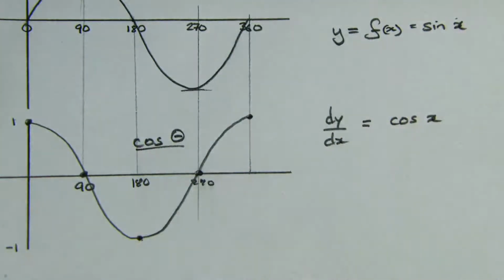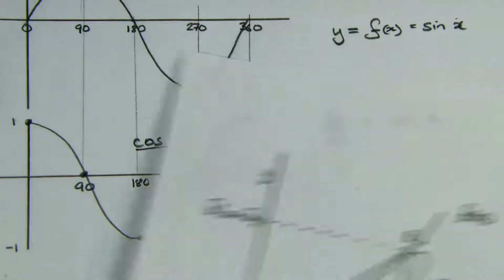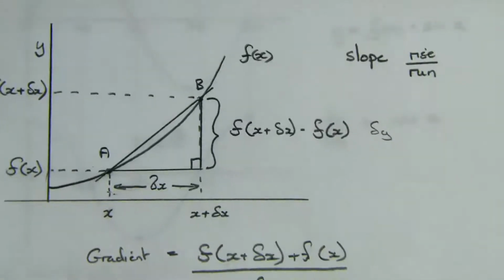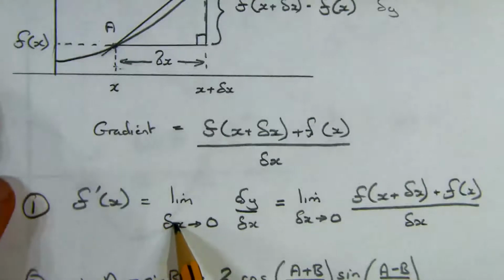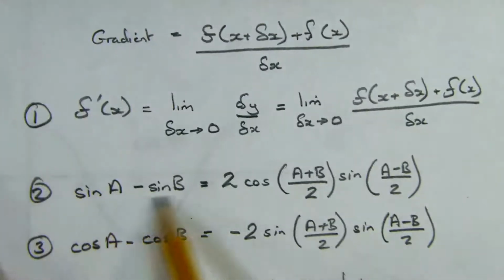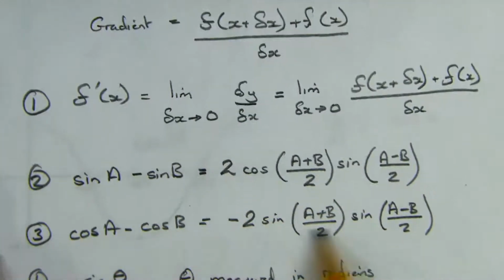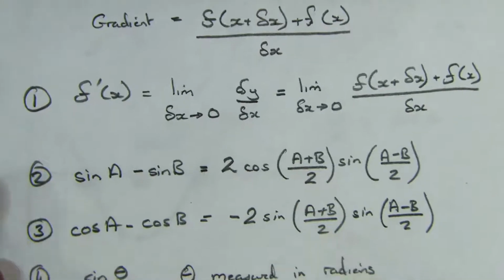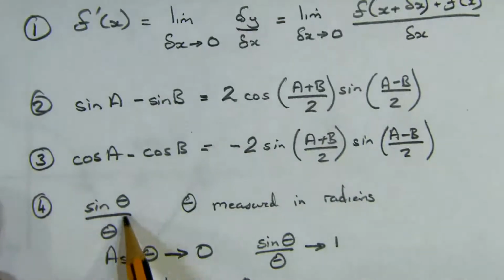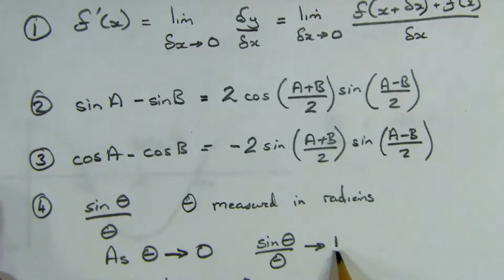So we've got here some facts that we've done. We've done here a differential. We've got some sine and cos rules. And we know that sine theta over theta is going to tend to 1.